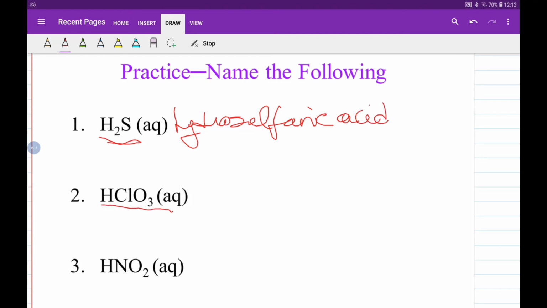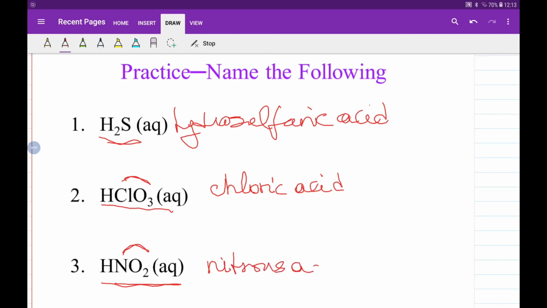The polyatomic ion right here is chlorate. Therefore, this is chloric acid. This is also an oxyacid, and that polyatomic ion is a nitrite. Therefore, this is nitrous acid. Nitrous acid.